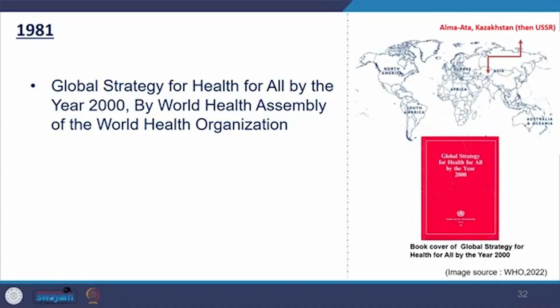So in 1981, we see that the World Health Assembly of the World Health Organization adopted a global strategy for health for all by the year 2000.